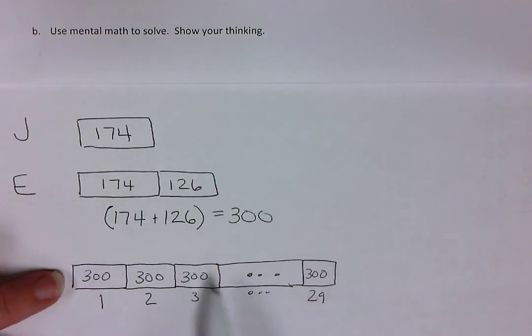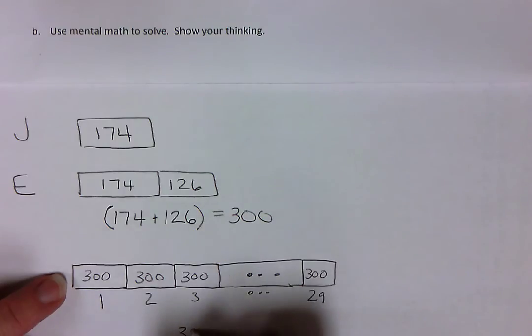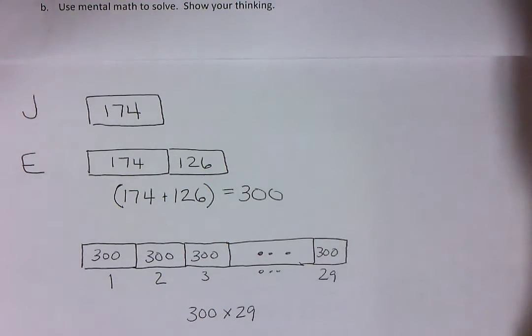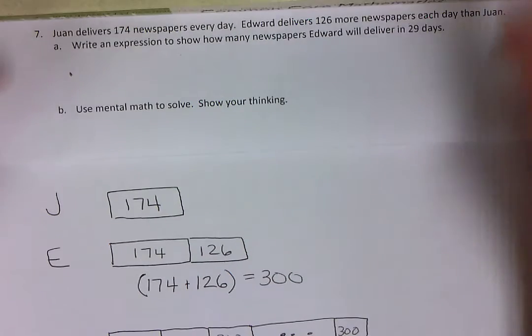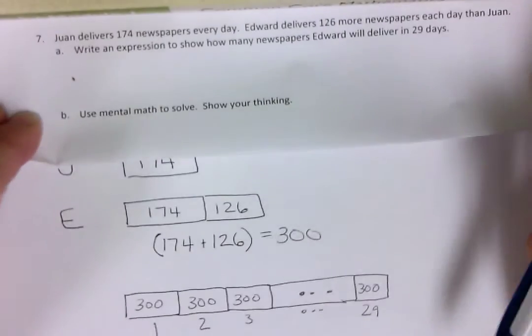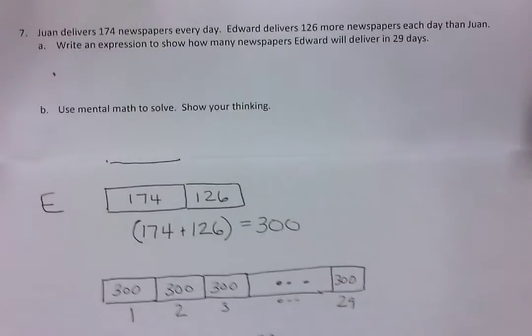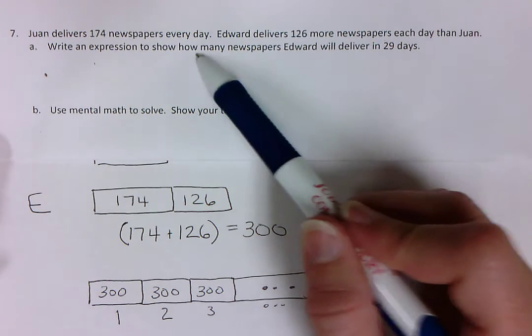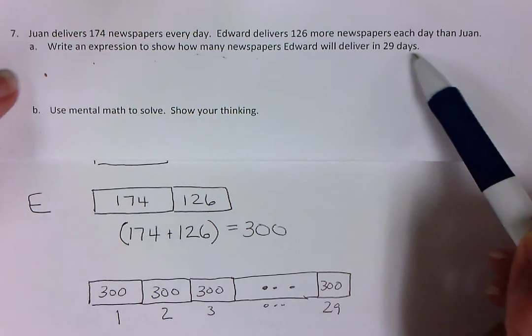If every unit is 300, what operation could we use to find the total number of newspapers? Right, 300 times 29. So when we go back to our question, write an expression to show how many newspapers Edward will deliver in 29 days.